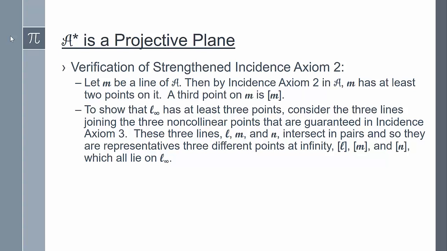No 2 of these lines are parallel, so they're representatives of 3 different points at infinity: the equivalence class of L, the equivalence class of M, and the equivalence class of N. These 3 distinct equivalence classes represent 3 distinct points, all lying on L infinity. So that shows that every line in A star has at least 3 distinct points lying on it. That's strengthened incidence axiom 2.